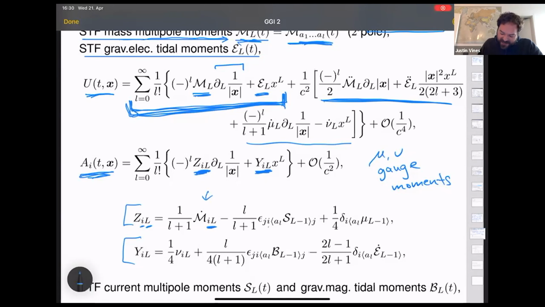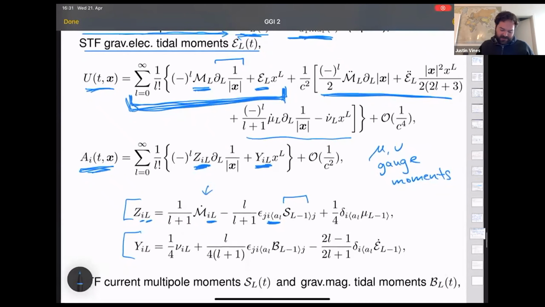A part which is anti-symmetric under exchange of I with one of the other indices. That part determines the new physical current multipole moments. And then there could also be a trace part on that extra index with one of the others. That is pure gauge in a certain sense.